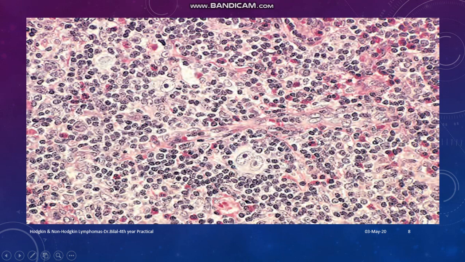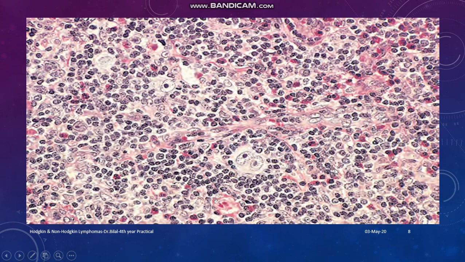Here you can see more eosinophils in the surroundings. Here is a Reed-Sternberg cell. This nucleus has a prominent nucleolus, and these look like mirror images of each other.